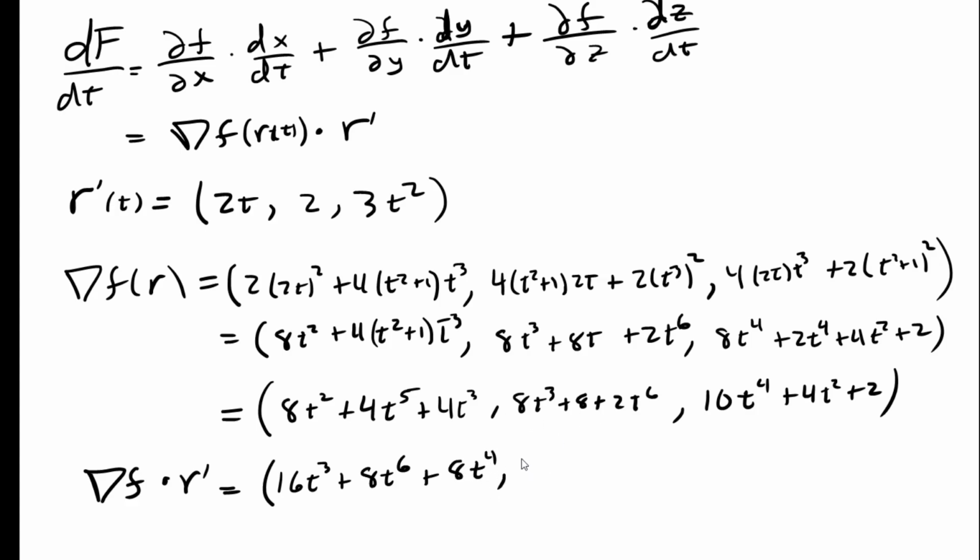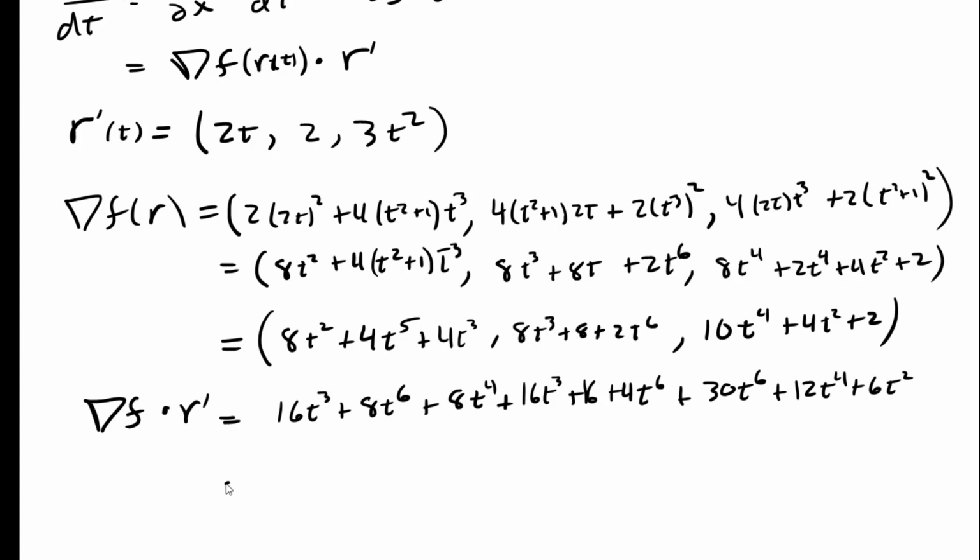And these all get multiplied by 2, so I have 16. And I'm doing the dot product, so these are going to be added instead of components of vectors. Plus 16t cubed plus 16 plus 4t to the 6th, plus these all get multiplied by 3t squared, so I have 30t to the 6th plus 12t to the 4 plus 6t squared.